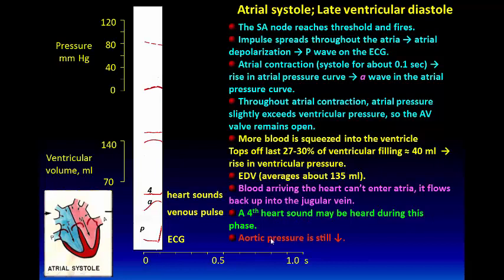Still, the aortic pressure is low because the left ventricle is still in diastole and the aortic valve is closed, and no blood is yet ejected into the aorta.